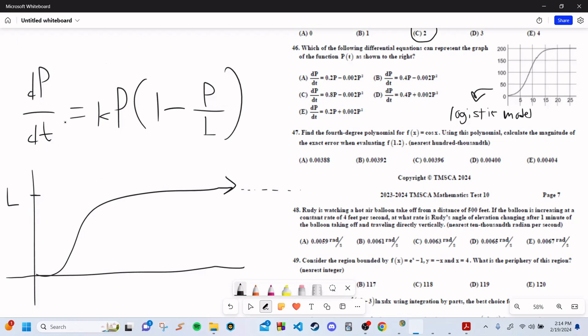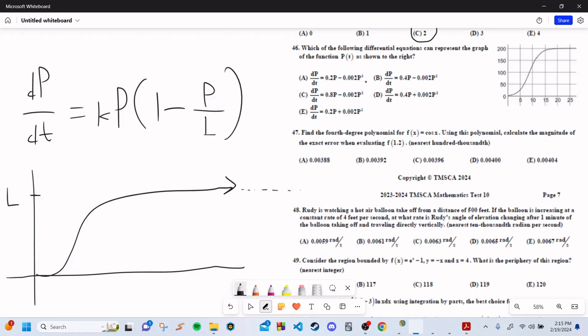And k is like some constant. The only thing that really matters in most logistic models is that L value.